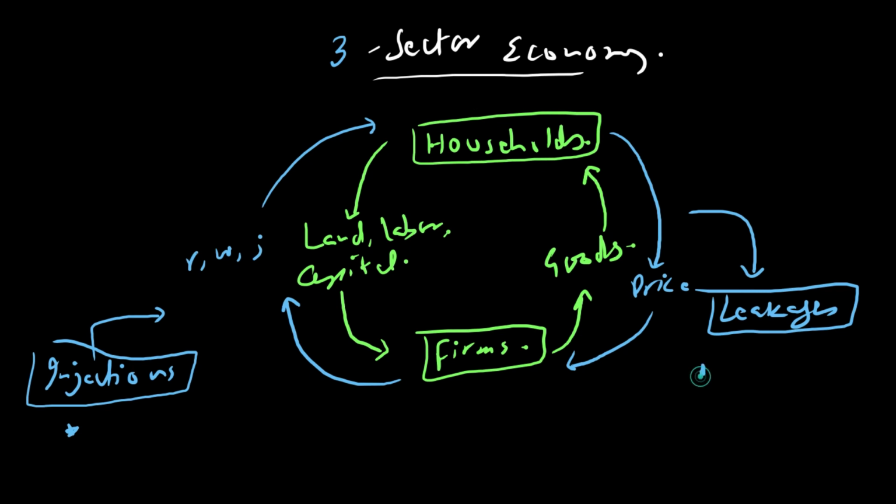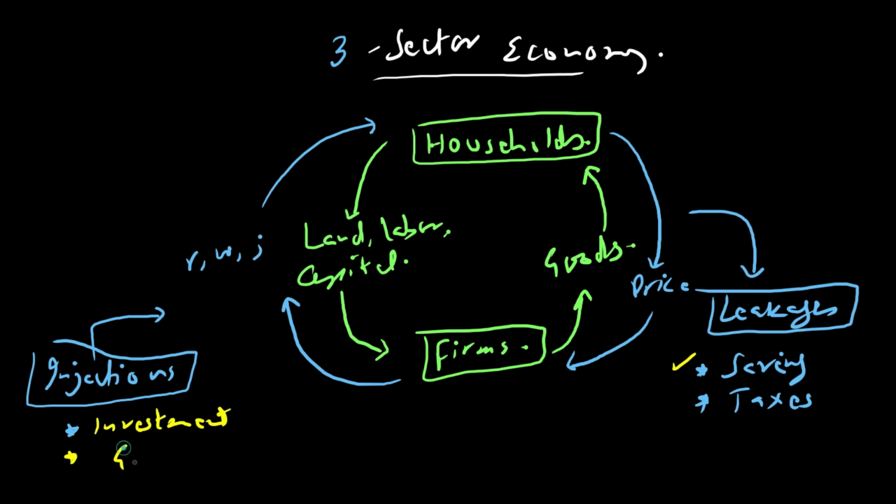How does it outflow? Like if people save money, saving leads to an outflow of money from the circular flow of income. And if the government charges taxes, then firms and households will pay taxes to the government, and it will outflow from the circular flow of income. On the other hand, if the same amount of money that was saved by individuals is now invested into businesses, then investment will lead to an injection into the circular flow of income.